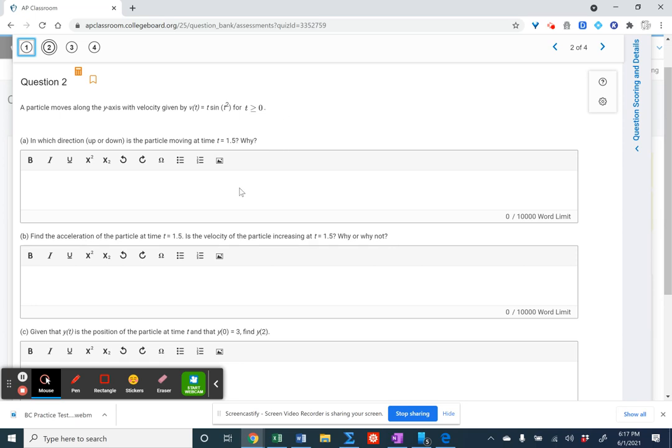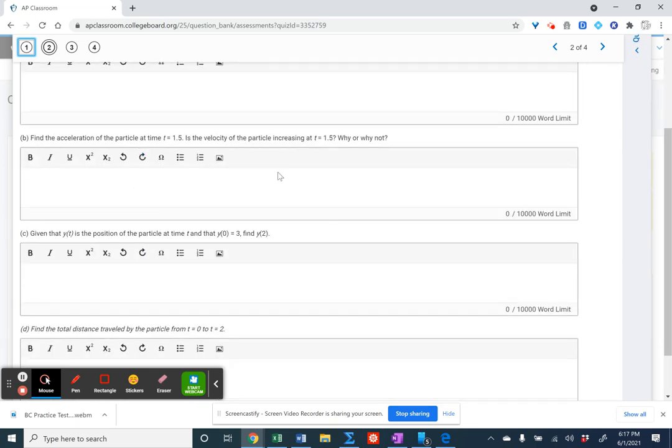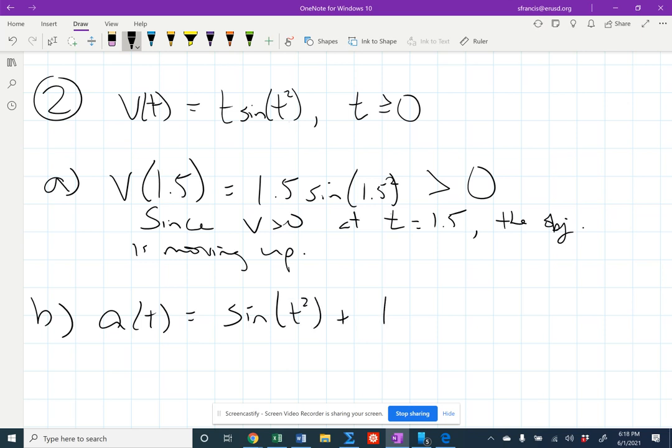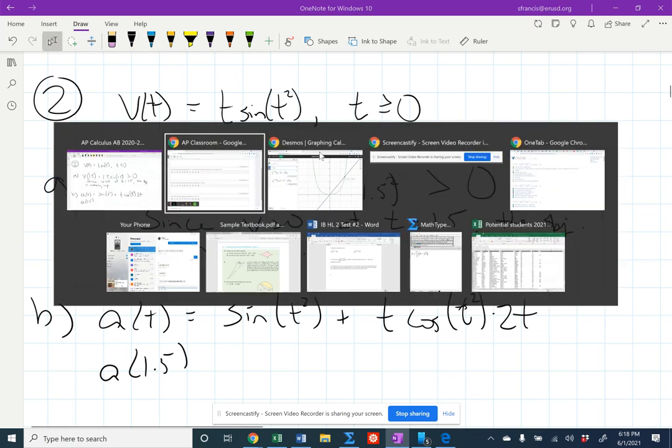For letter B, find the acceleration of the particle at t equals 1.5. Is the velocity of the particle increasing at t of 1.5, yes or no? So for B, the acceleration, we're going to do the product rule. You can actually do this on your calculator because they showed you how to take the derivative at a point. In case you forgot, you're going to do this the longer way: t squared times 2t, and you're going to plug in 1.5.